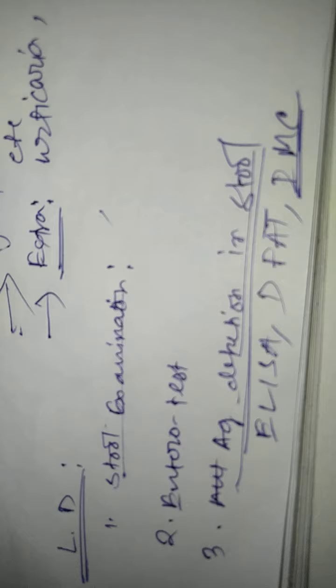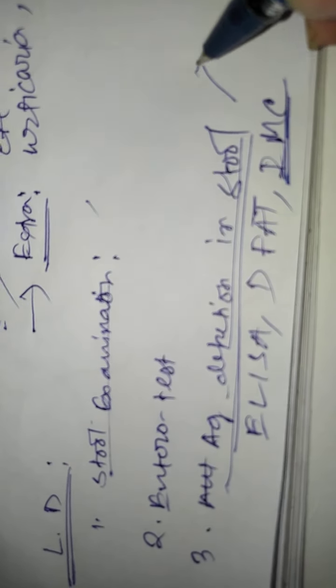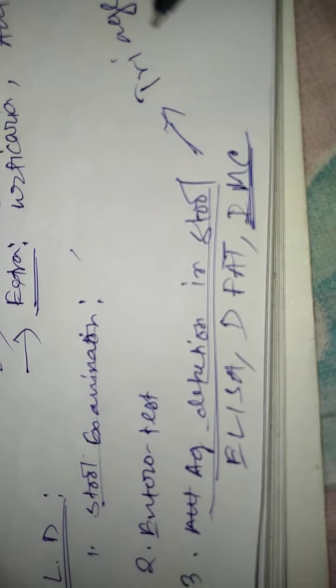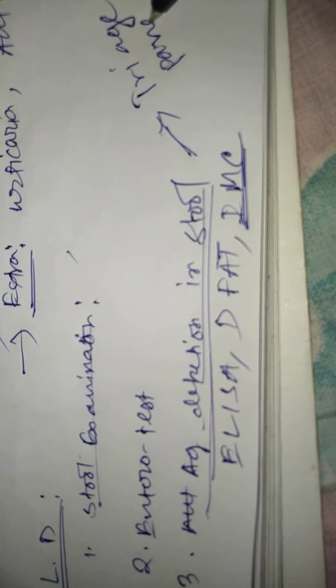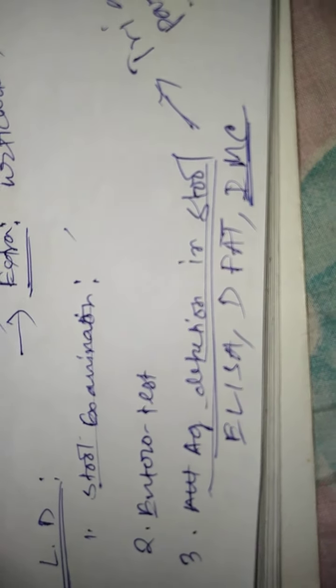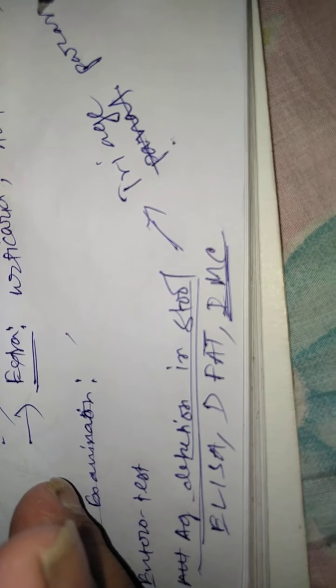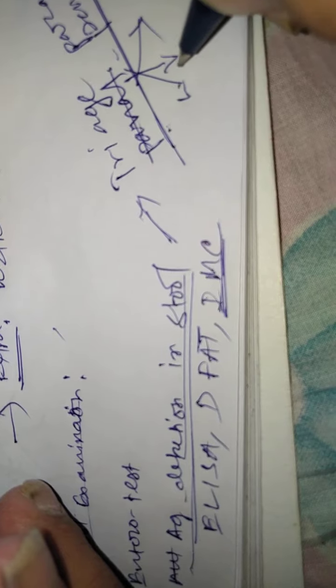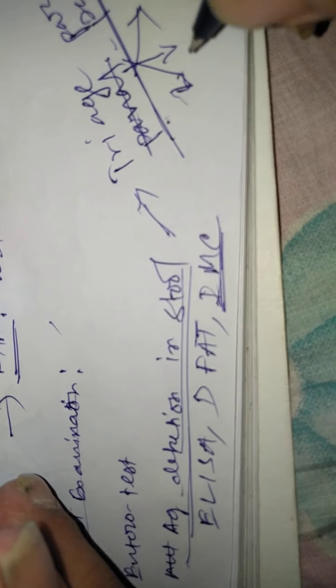So in the immunochromatographic test there is a specific test known as the Tri-Age parasite panel, right? Here in this test 3 types of parasite are diagnosed.